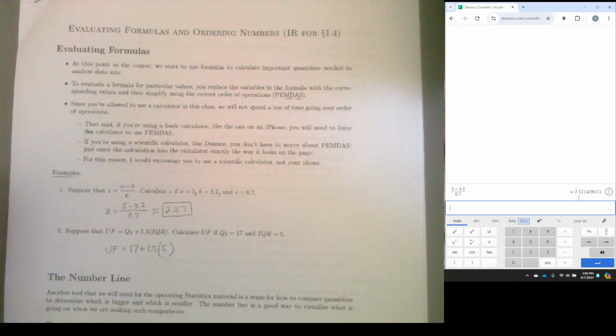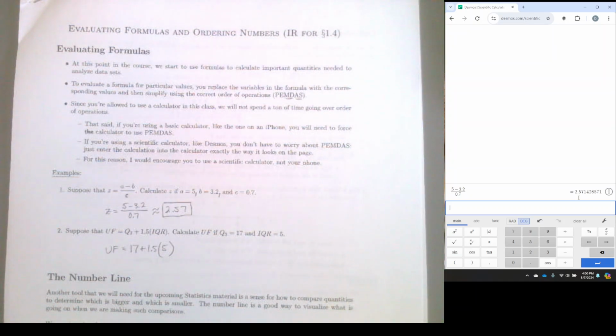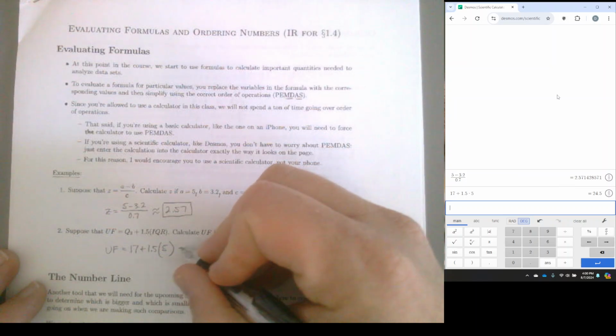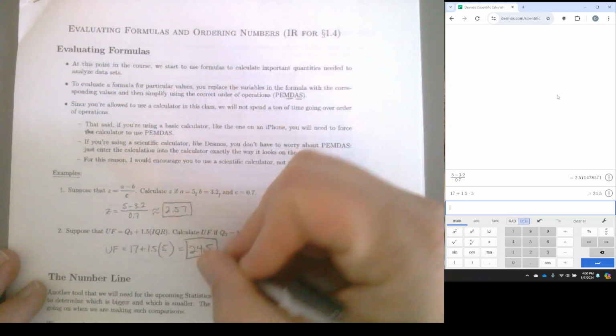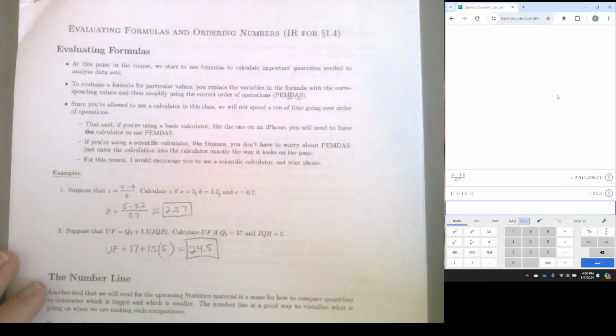Once again, we're going to type this into our Desmos calculator the way that it looks. 17 plus 1.5 times 5, and that's 24.5. And that's exactly equal to 24.5. I didn't do any rounding, so I can use an equal sign there.